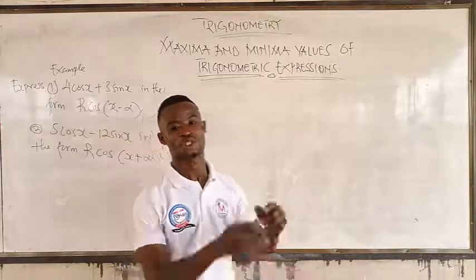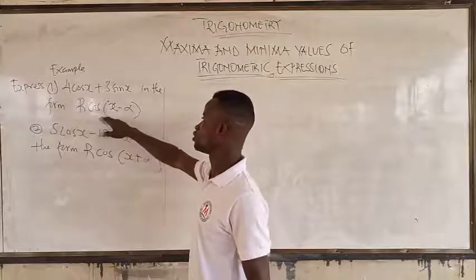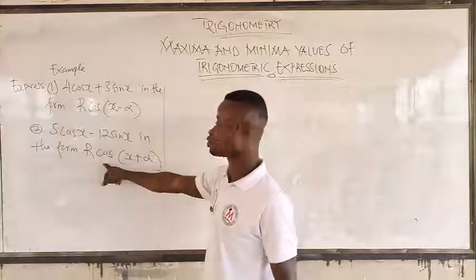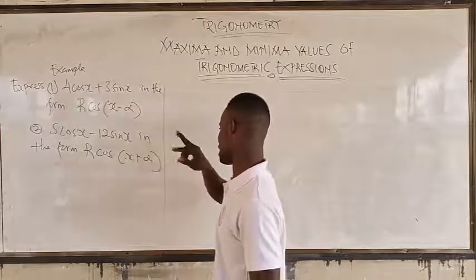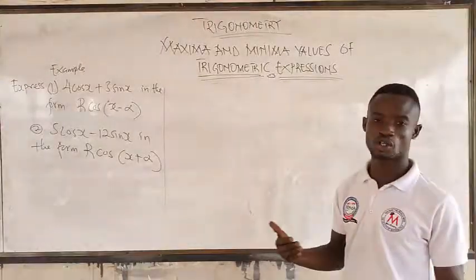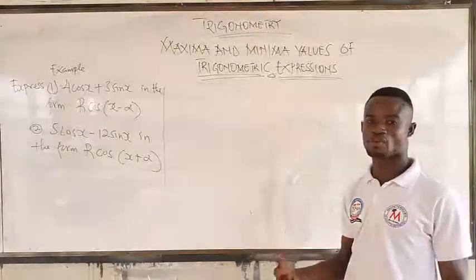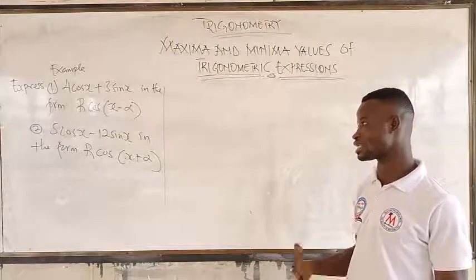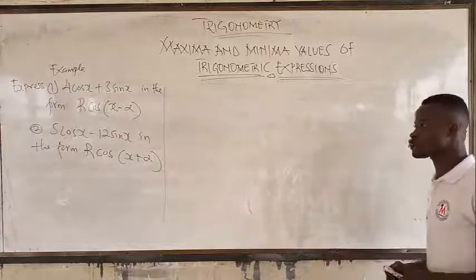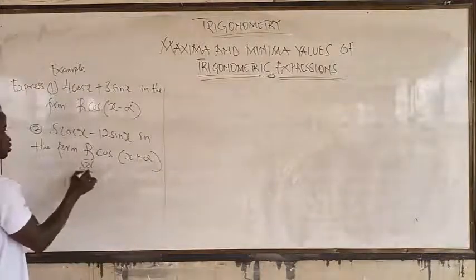Let's move on. Here we are going to use r cos x minus alpha, and here we are likely to use r cos x plus alpha. After that, I will show you how to also go with the use of sine, r sine theta plus or minus alpha. We will be looking at that one also. So let's go for this solution.